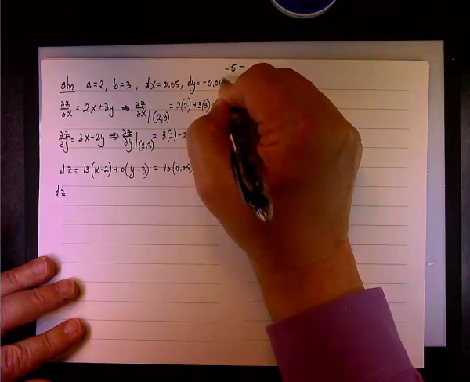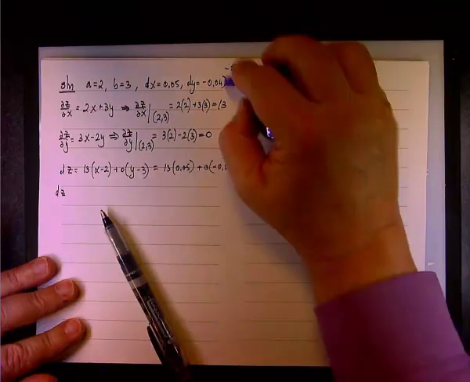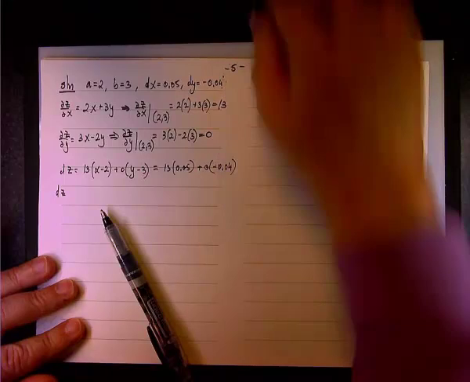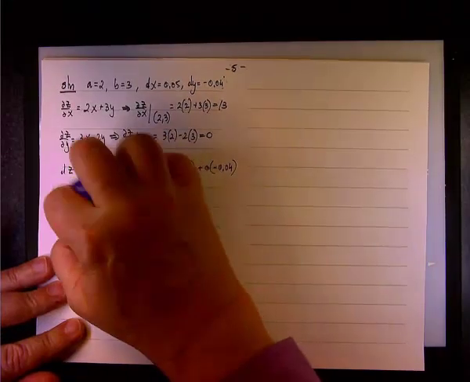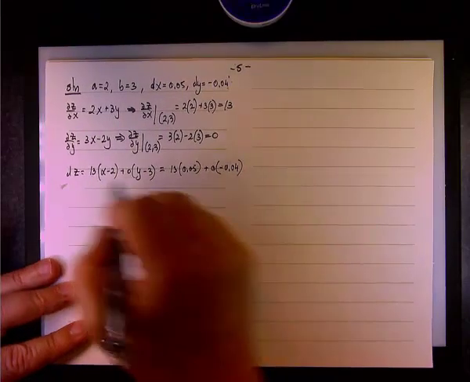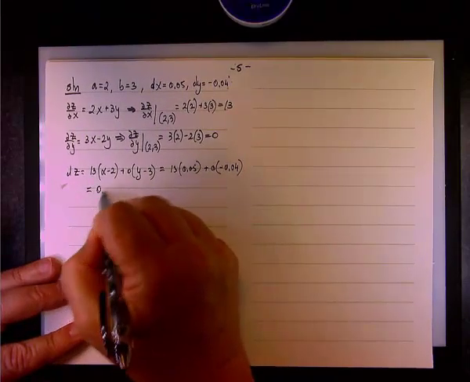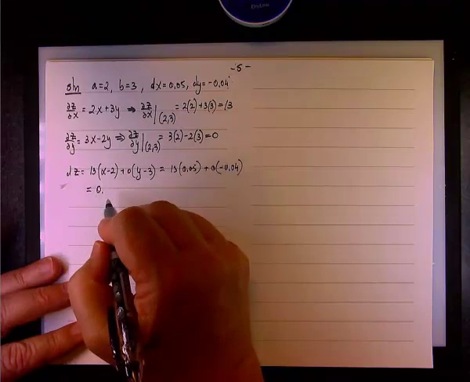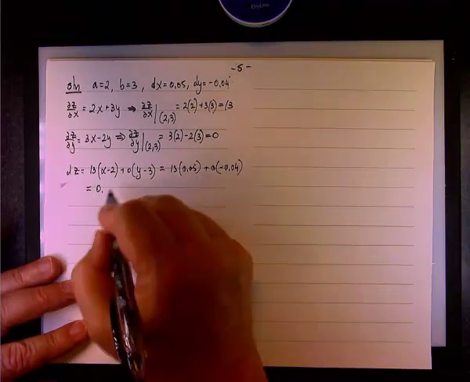Okay, I didn't write it, but dx will be 0.05 and dy will be negative 0.04, right, as we make the change.